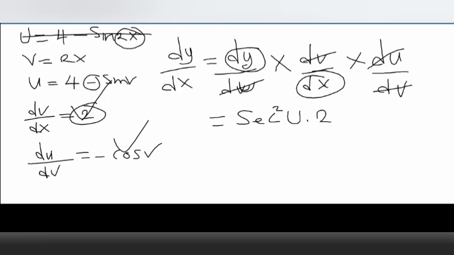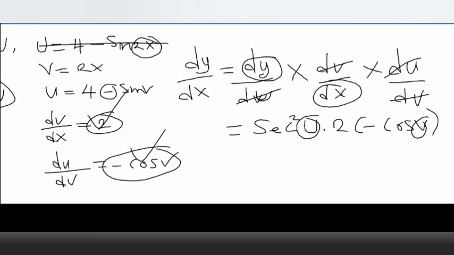Then du dv is negative cos v. Right. So we have negative cos v. Now what is u and what is v? U and v are these. Now remember, initially u was this one here. So that is one thing that you need to know.